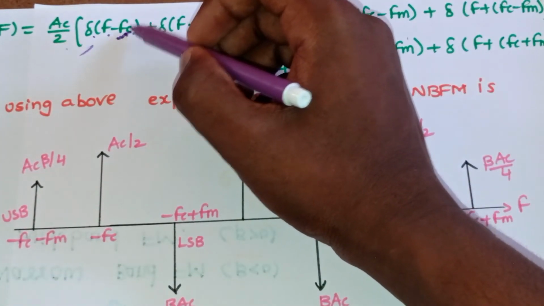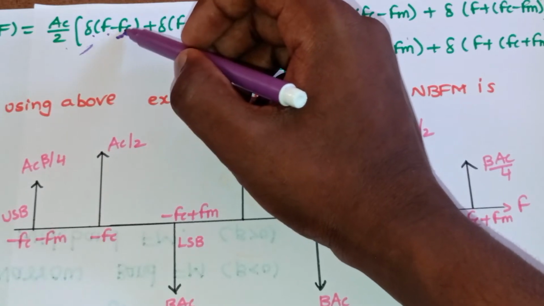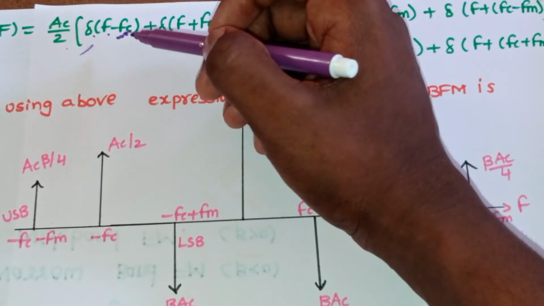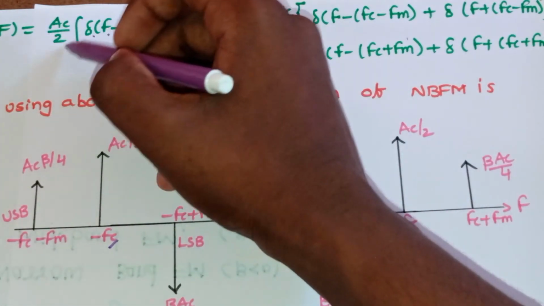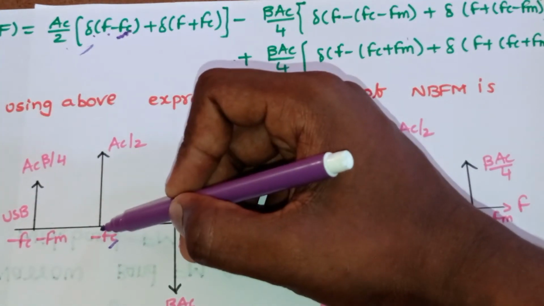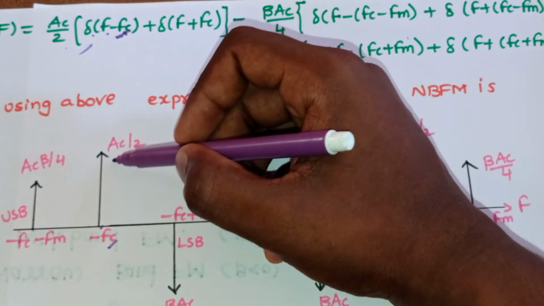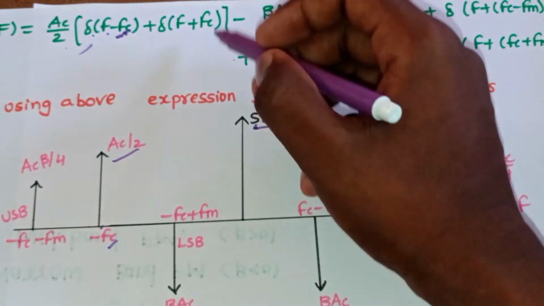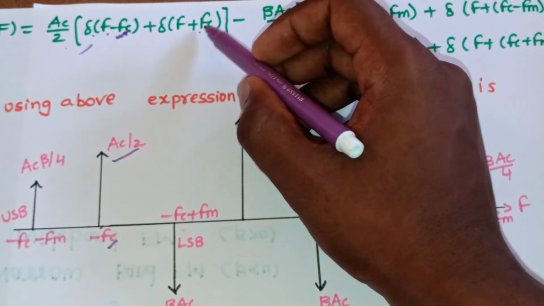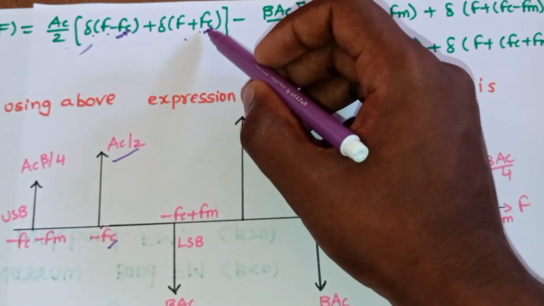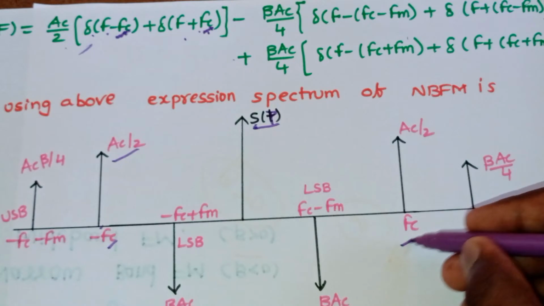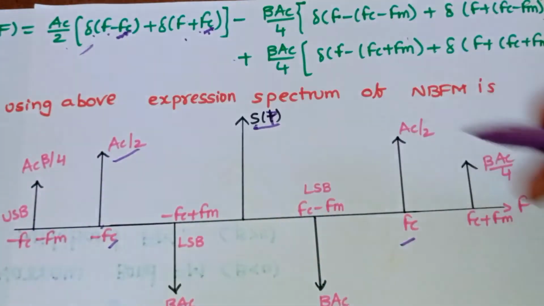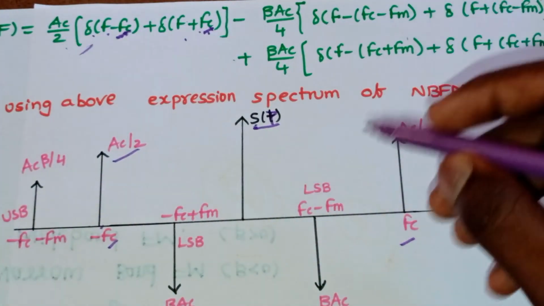That means here we are plotting at fc, the carrier frequency, with amplitude Ac by 2. Now coming to delta of (f plus fc): here we have minus fc, the frequency of the carrier signal, with amplitude Ac by 2.